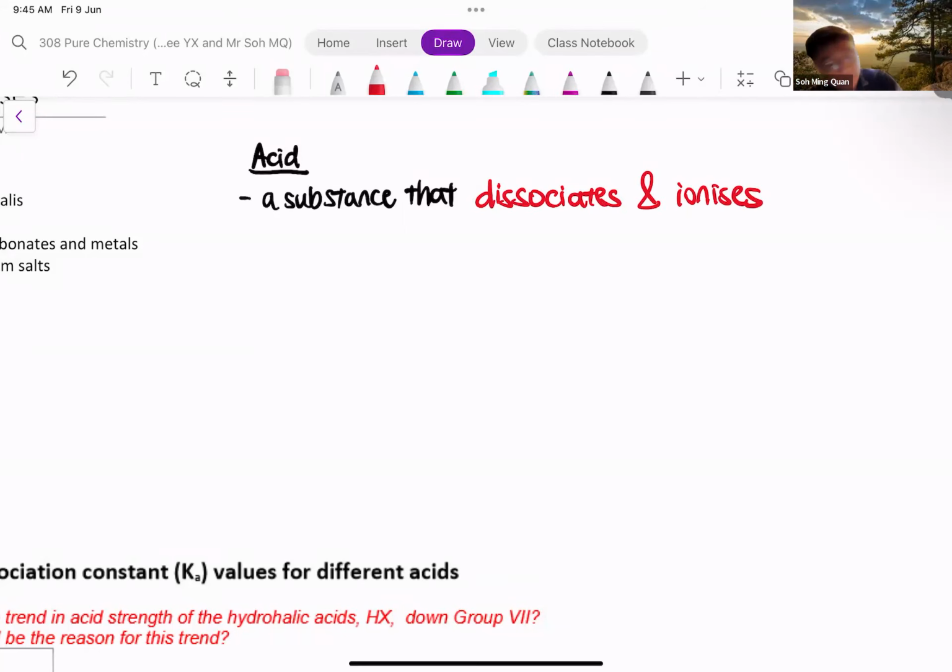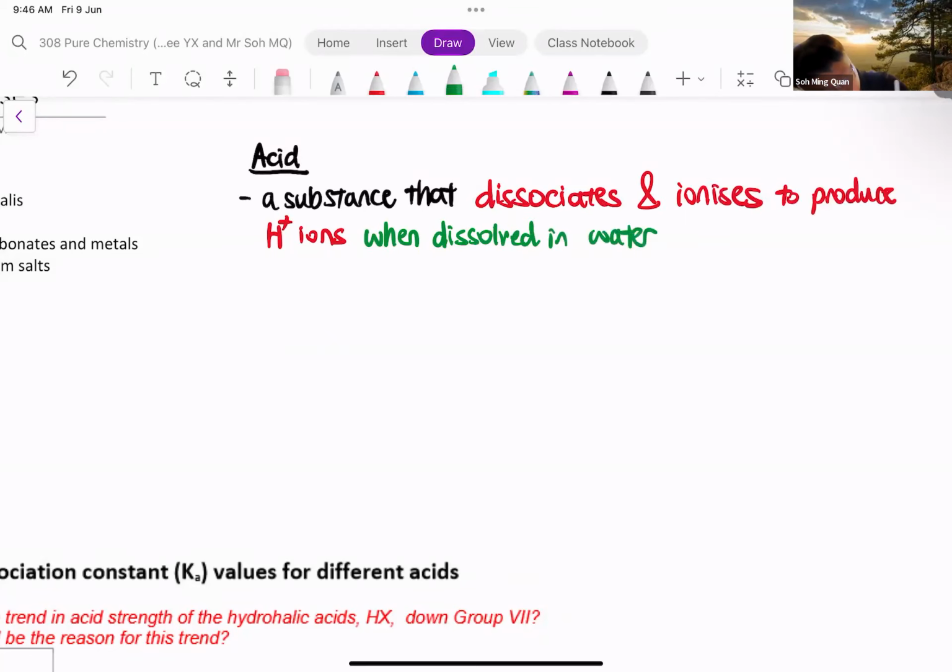When it dissociates and ionizes, it produces H+ ions when dissolved in water. So this is the definition of an acid. It produces H+ ions when it dissociates and ionizes, and this occurs when it's dissolved in water.